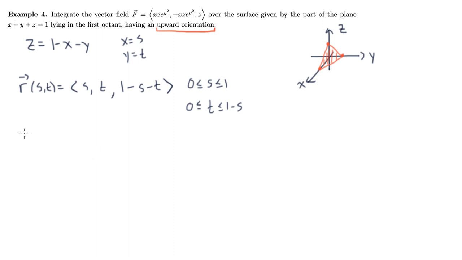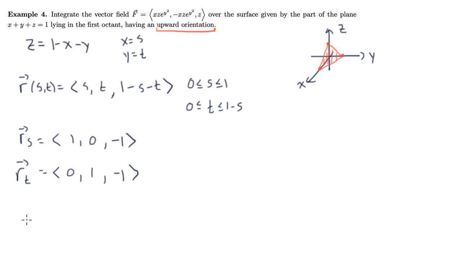So in other words, we want to find a normal vector and show that it's actually pointing up away from the origin. And so recall that that normal vector is given by the cross product. So rs, which is 1, 0, negative 1, and rt, which is 0, 1, negative 1.